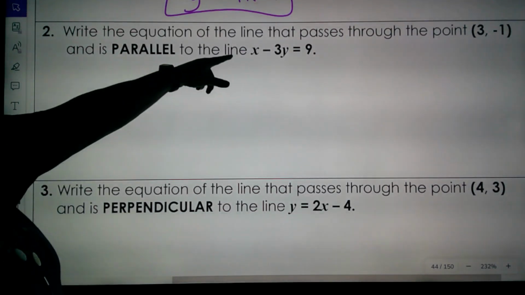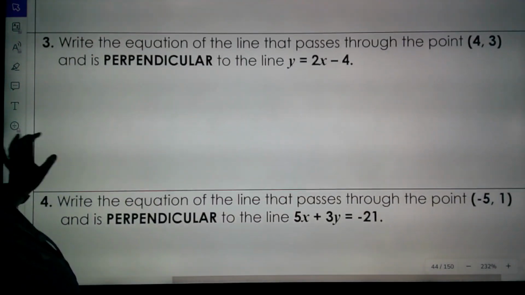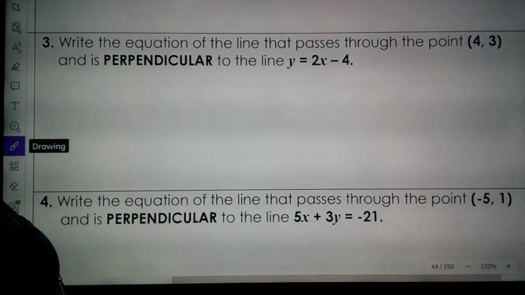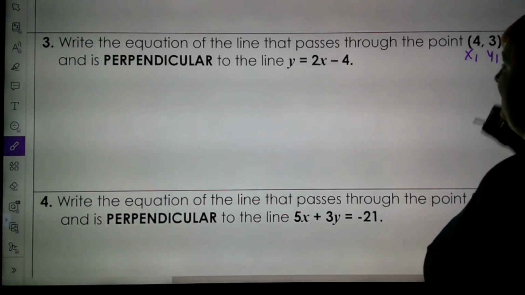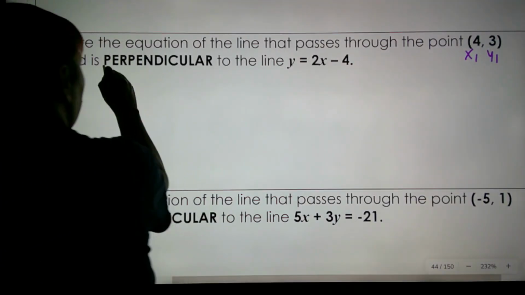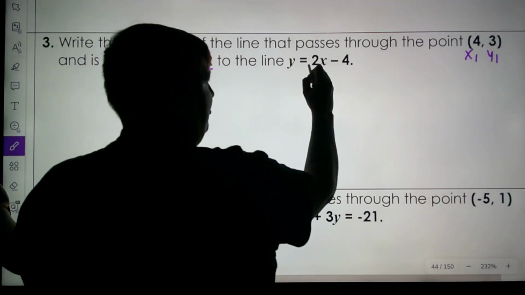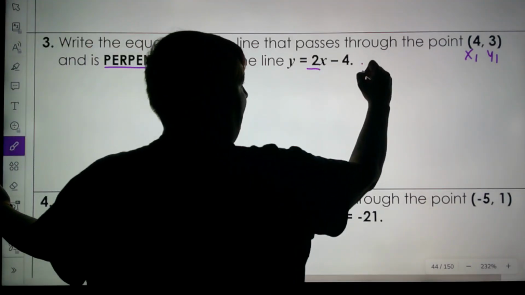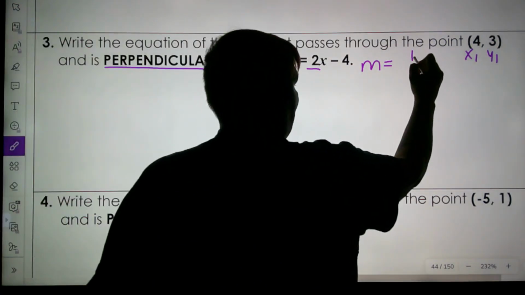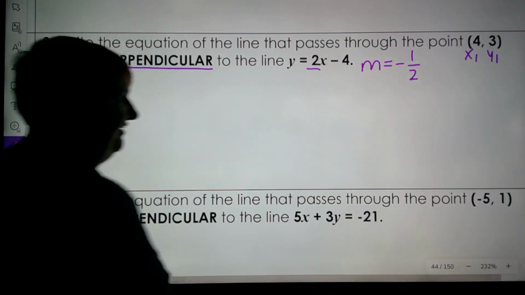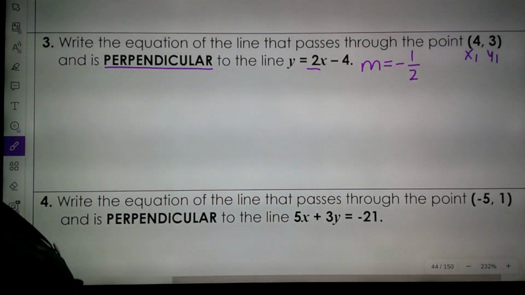Before you look for the slope on this one, you might want to convert it to slope-intercept form. Okay, so we're passing through 4, 3, x1, y1, and it's perpendicular, so we want a negative reciprocal slope. So if the slope is 2, then our negative reciprocal slope is going to be negative 1 over 2. Flip the fraction, switch the sign. That's negative reciprocal.